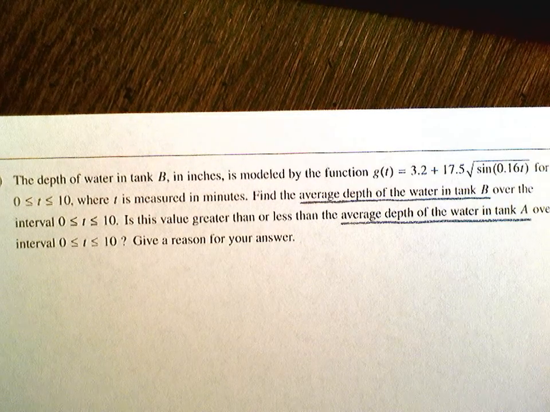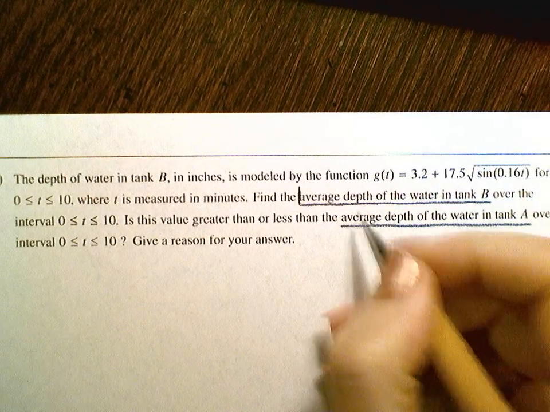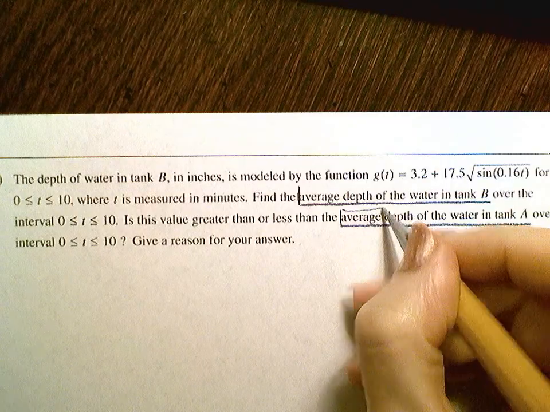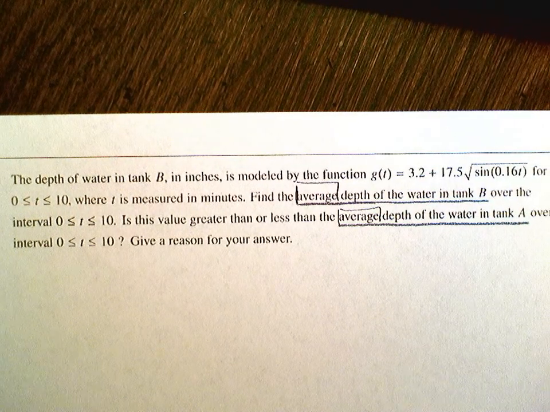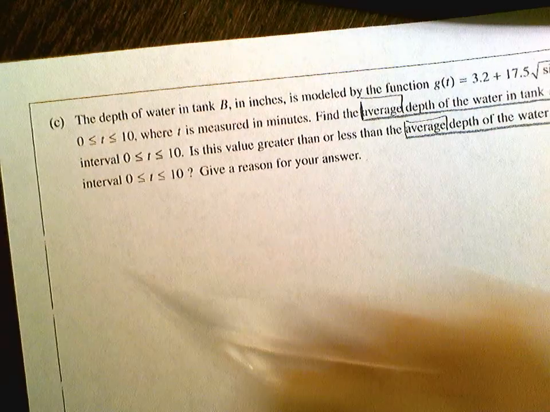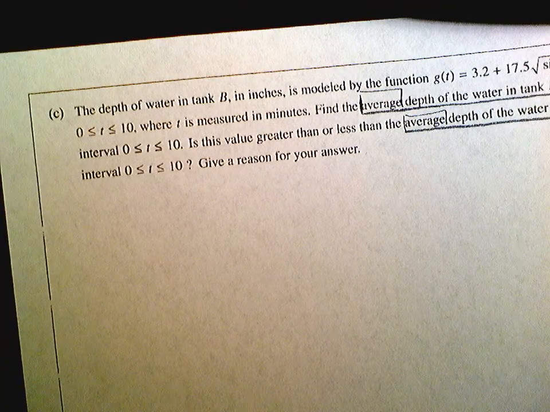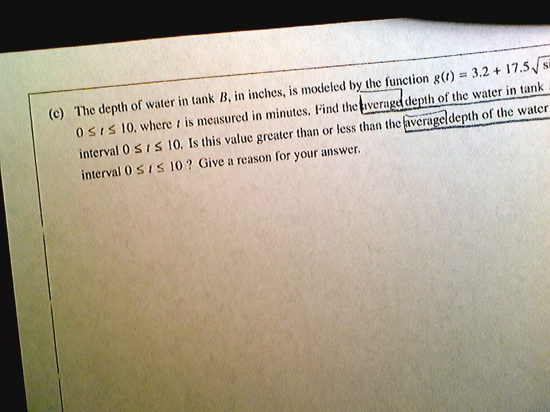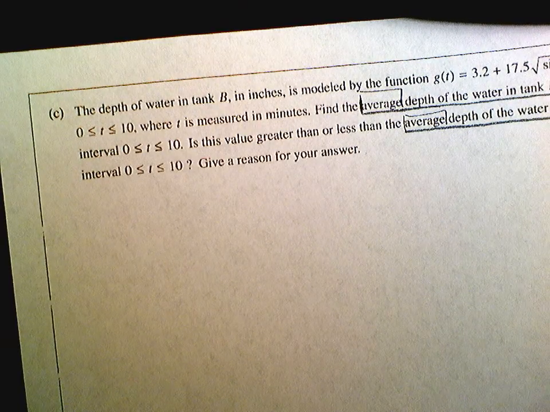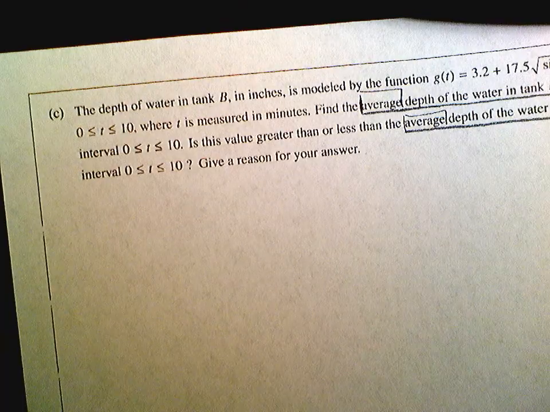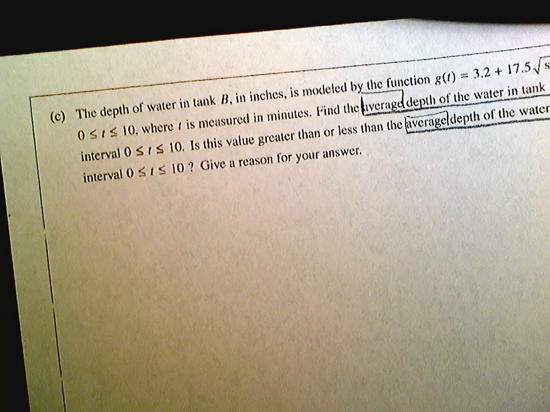Guys, whenever you see the word average, there are actually two formulas that pertain to this, but this is the formula that will always work no matter what. On the front of that red folder I gave you, it says beware of the word average, and which of these equations are we working with. The integral one will always work if you hear the word average.